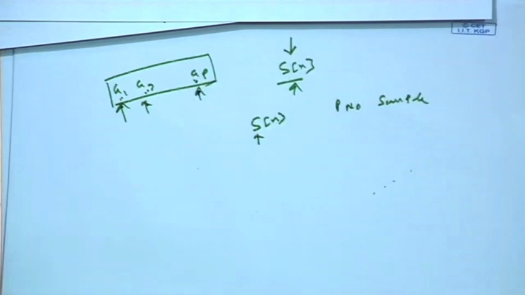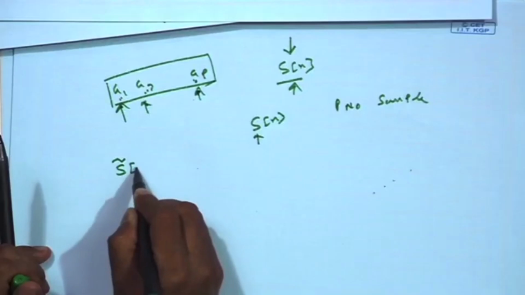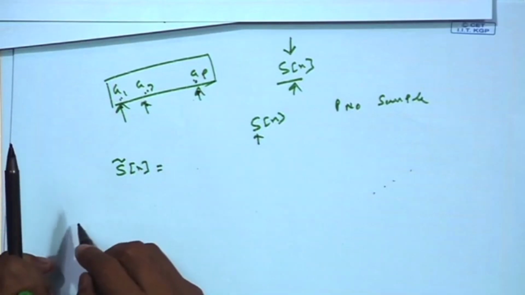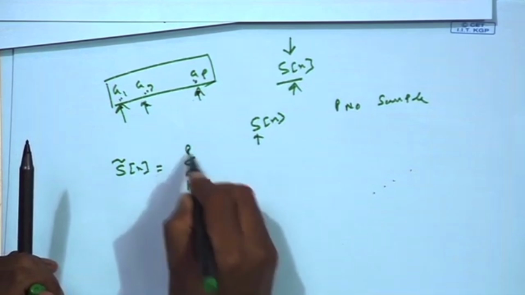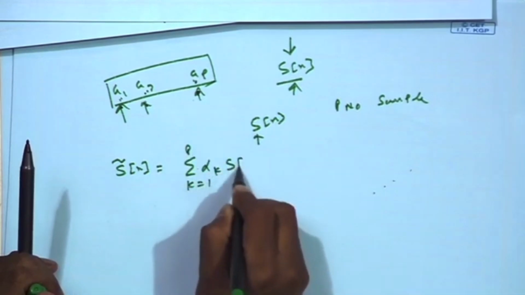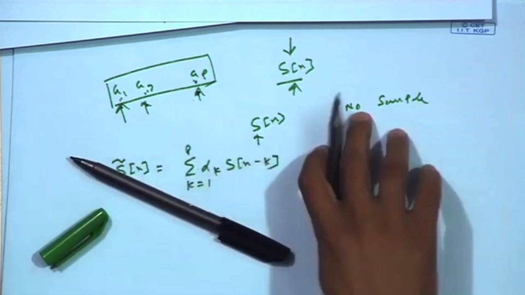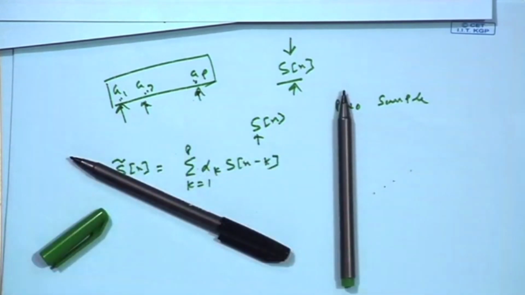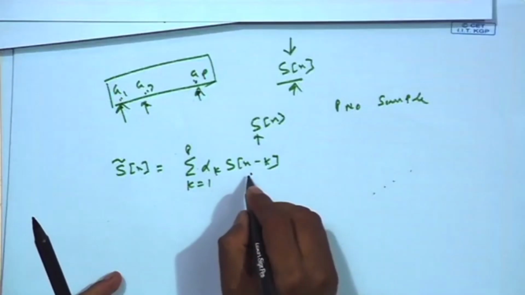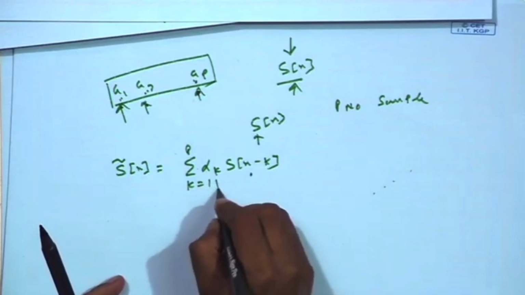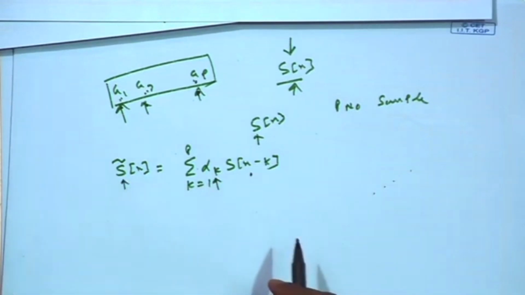So, what is the prediction? Let us say my predicted signal is s cap n, which is nothing but the sum over k equal to 1 to p of alpha k s of n minus k. From the previous p number of samples, with alpha k known, I predict the current sample, s cap n.